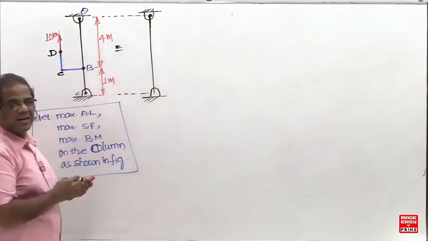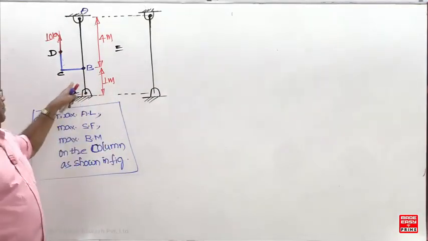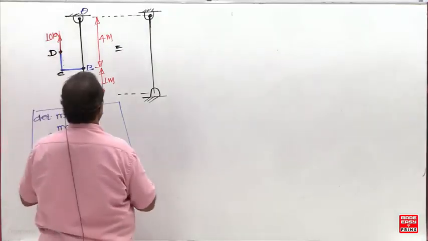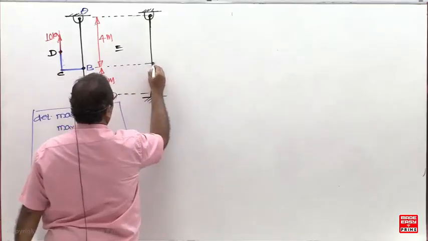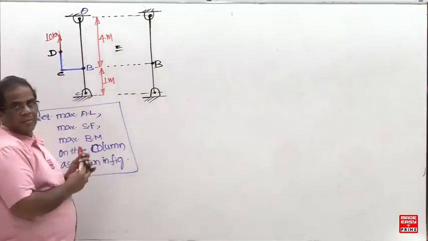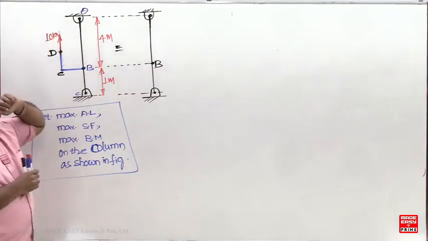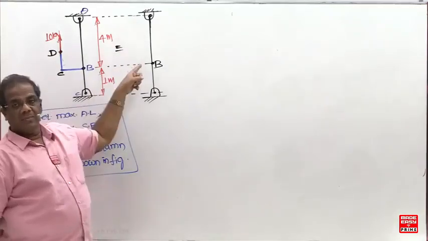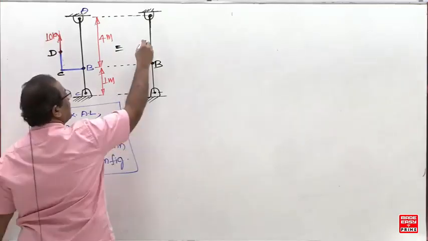Same question as done before by keeping the member horizontal, but in place of the horizontal member, a vertical member, the column, is given. So the bracket load is acting in the vertical direction. So it is equal to 1 axial load in the same direction.